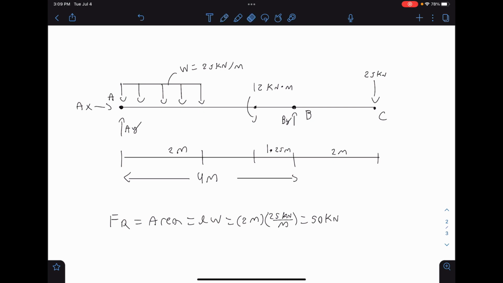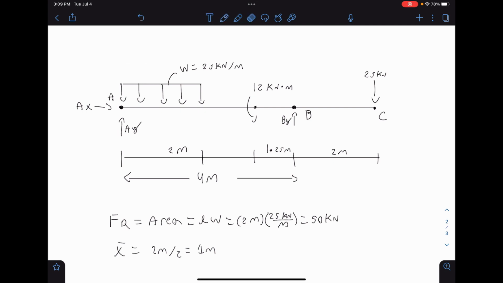So let's erase our distributive loading and replace it with a force resultant. So we have to figure out where we are going to place it first. So since it's a rectangle, the midpoint of this force resultant is just the length of the rectangle, so 2 meters divided by 2. So it's at 1 meter. So we're going to place it at 1 meter from point A, going right from the left, right?